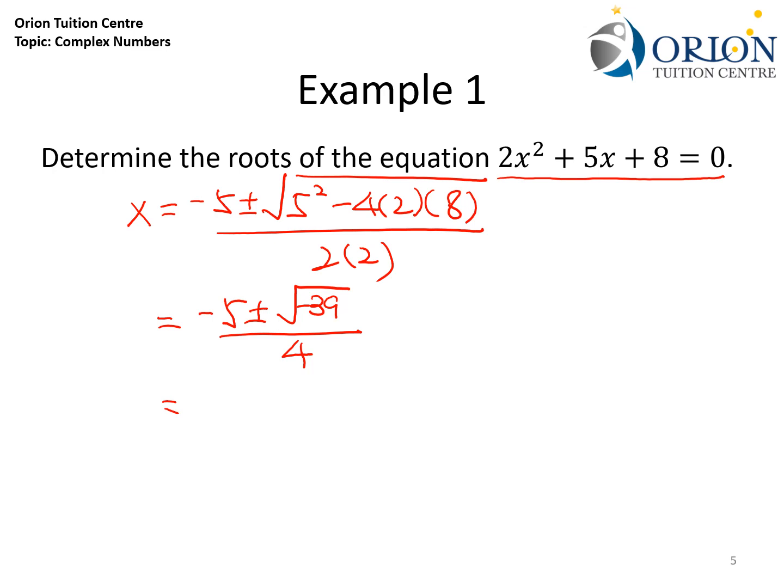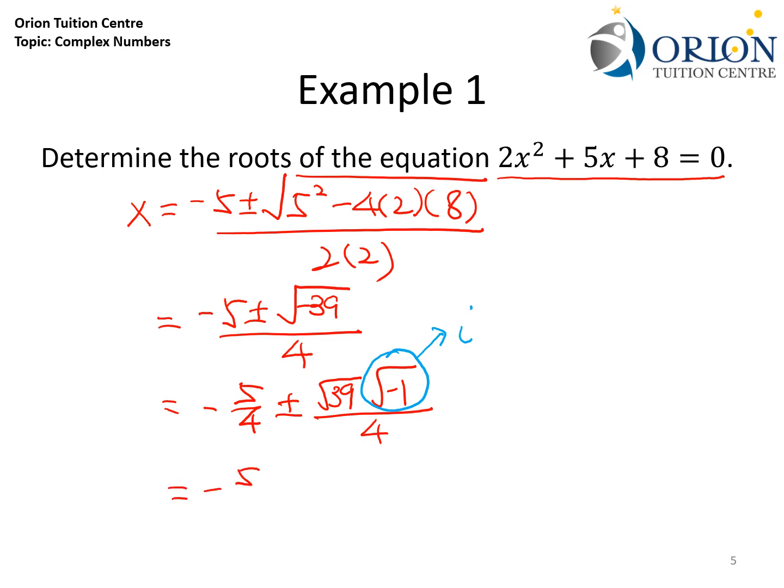And we can break it up into minus 5 over 4 plus minus square root of negative 39 over 4. I'm going to write it as square root 39 times square root of minus 1, divided by 4. And this square root of minus 1 can be represented using i, and therefore this becomes minus 5 over 4 plus minus square root of 39 over 4 i. And these are the two roots of the quadratic equation.